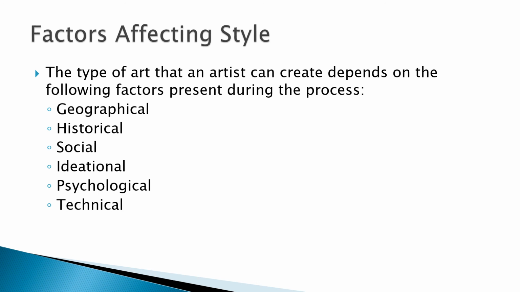Social factors have to do with the people around the artist, what kind of support they give the artist, and also the intended audience of the artwork. Ideational factors are the political and religious beliefs that an artist adheres to that would reflect in his or her work.